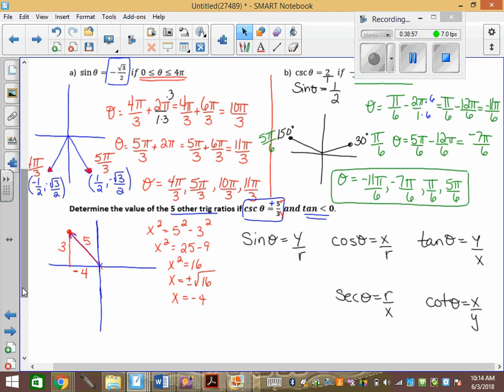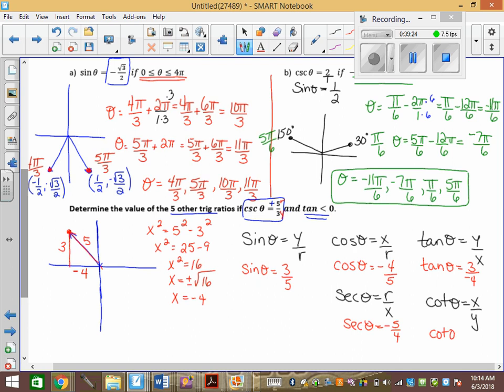Okay, so sine theta equals 3 over 5. Makes sense because it's just the flip of cosecant. Cos theta equals negative 4 over 5. Secant theta equals negative 5 over 4. Tan theta equals 3 over negative 4. Cotan theta equals negative 4 over 3.